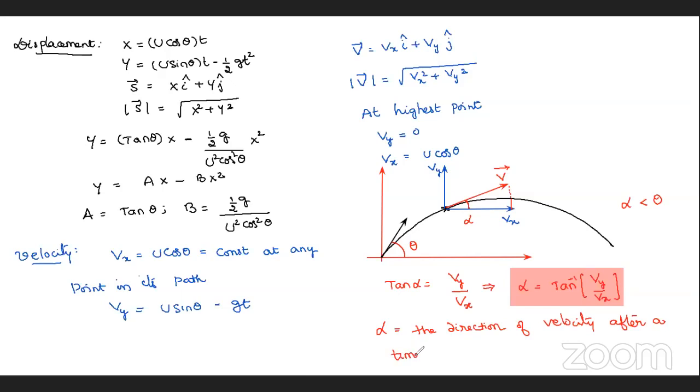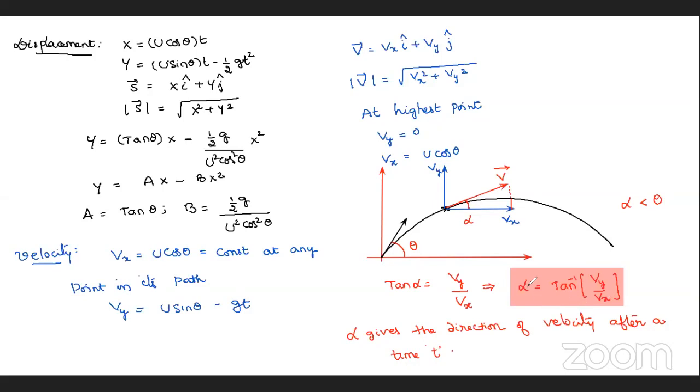So better I write like this. Alpha gives the direction of velocity after time t. Even in exam also, find the direction of velocity after time t. You directly calculate alpha.